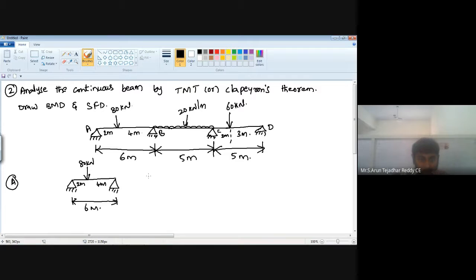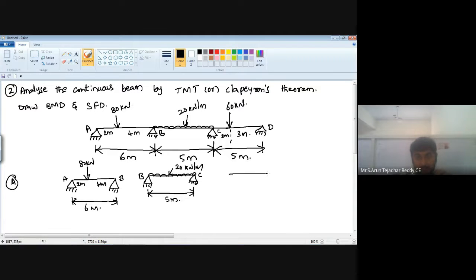Now the second span, B to C. It is carrying a uniformly distributed load of 20 kilonewton per meter, and the span is 5 meter.